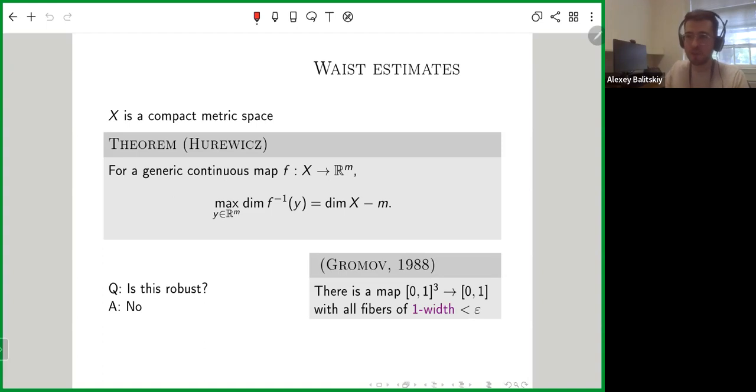This was not true from the very beginning of the interest of metric geometers in this notion.